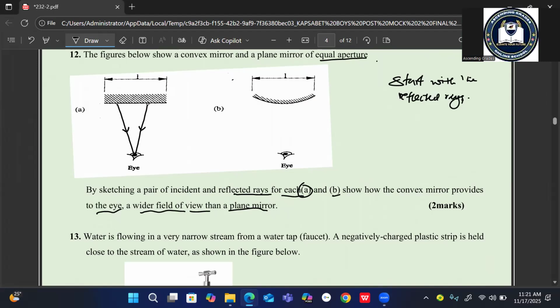Remember, they are the ones that will help in measurement of the image.